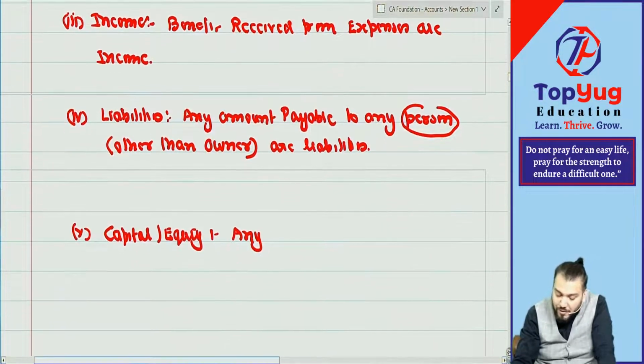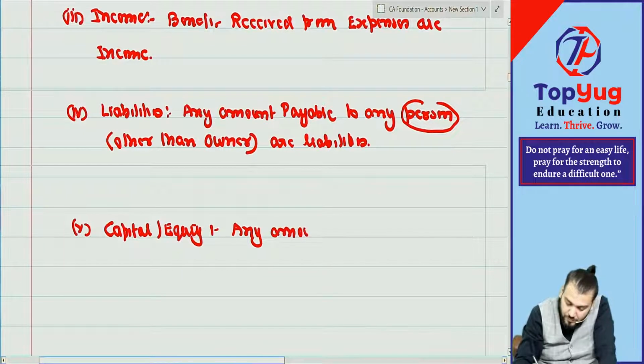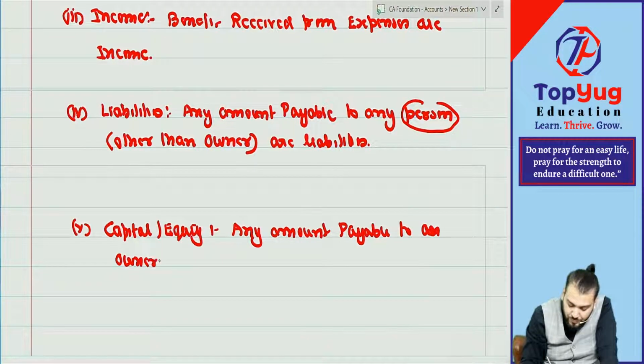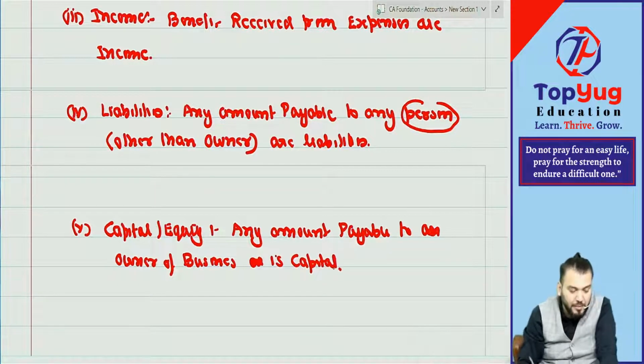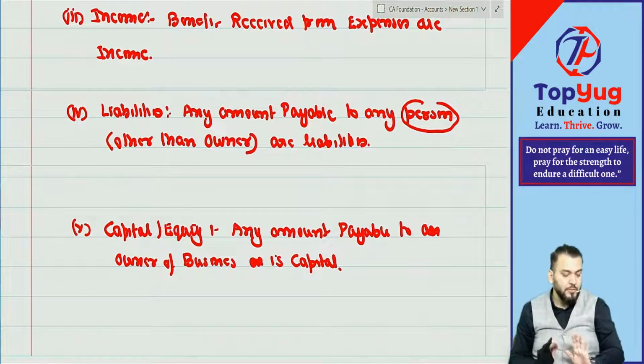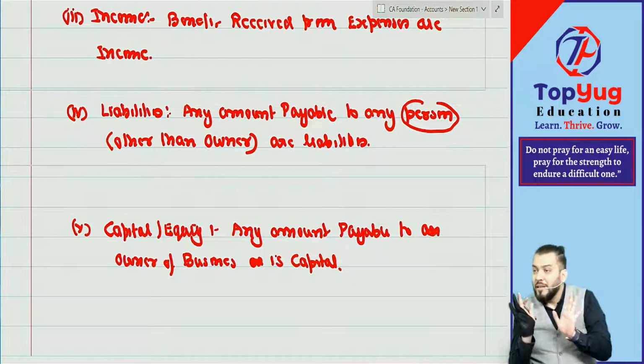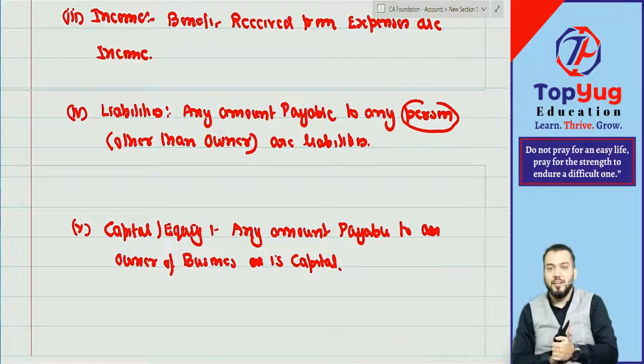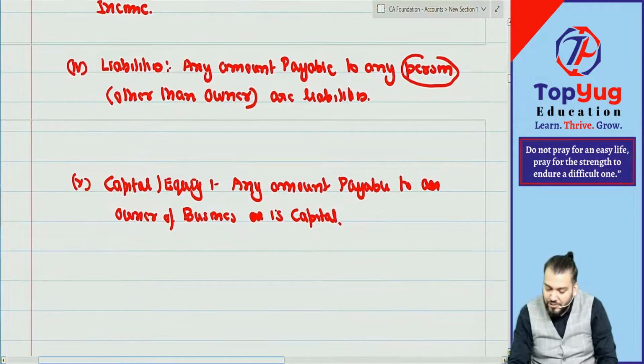So any amount payable to owner of business is capital. Understood? Very simple. I have given a simple meaning, not the technical meaning. Technical meaning we will do at the right time. Just try to understand.